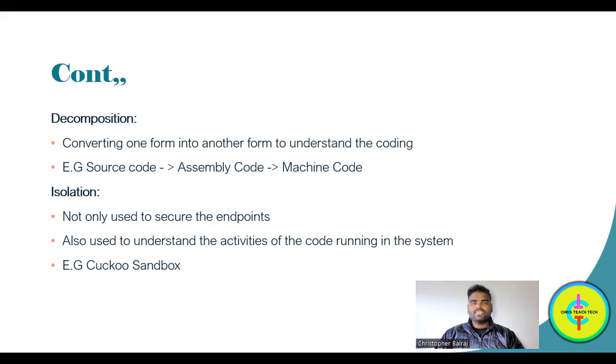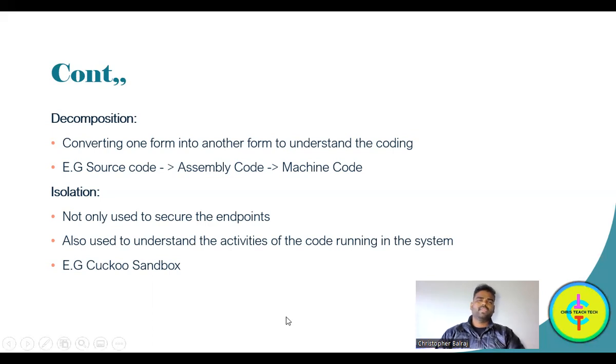If you want to check if software is re-engineered or not, you will have to understand the machine language. That concept is called decomposition: a single entity is broken into different subparts, and then you investigate the core one.